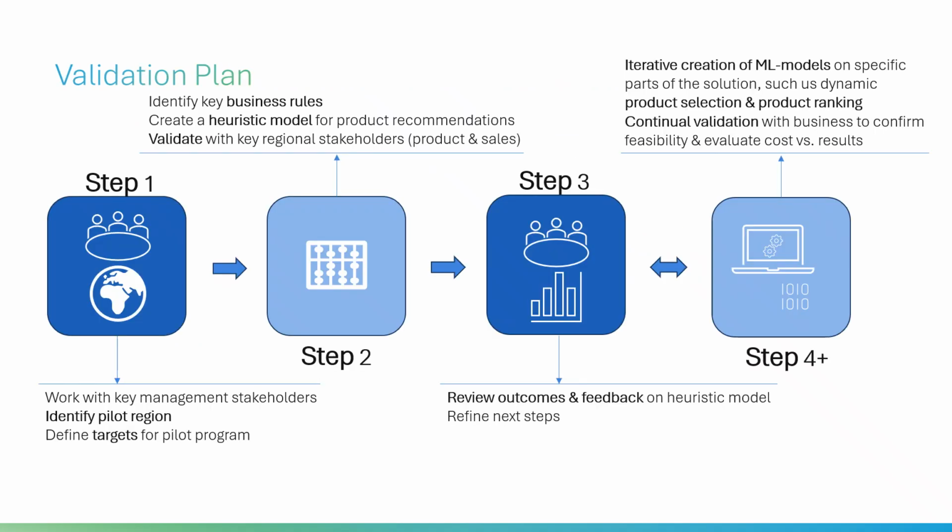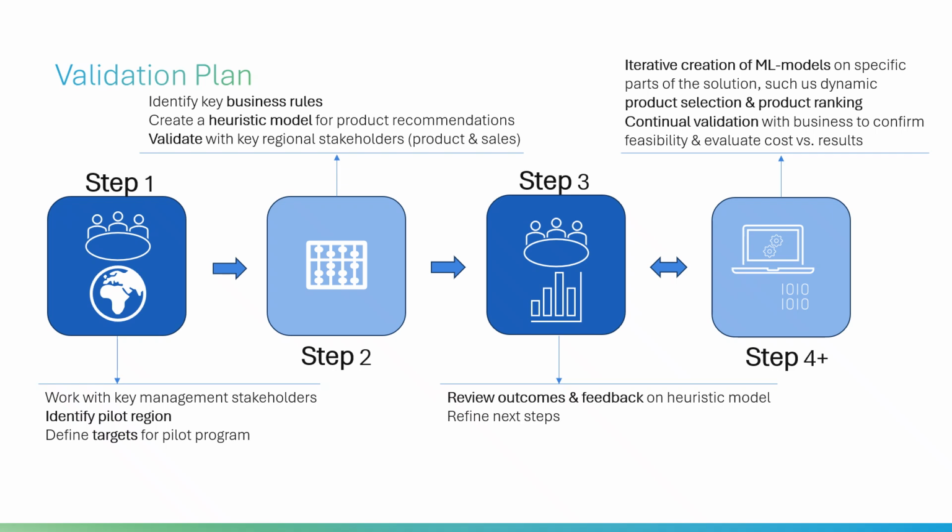My validation plan would be the following. After discussing with the management what could be the pilot region or the pilot activity and the targets for it, in the first couple of steps we would probably be looking at a definition of internal business rules, and applying a heuristic model to test and to set some initial expectations.